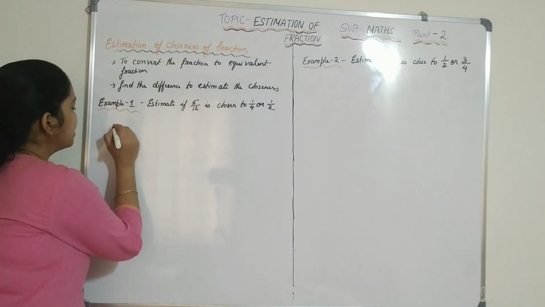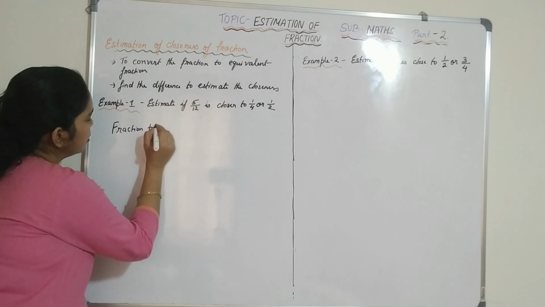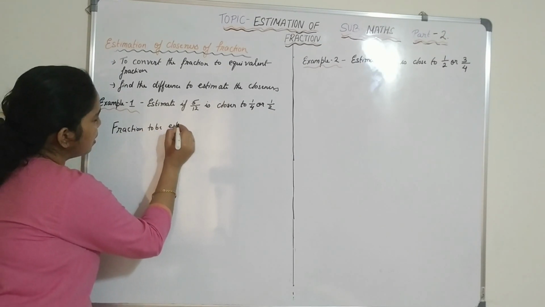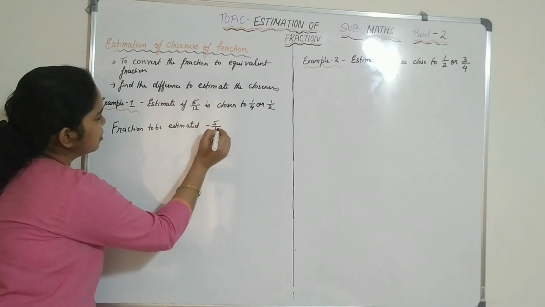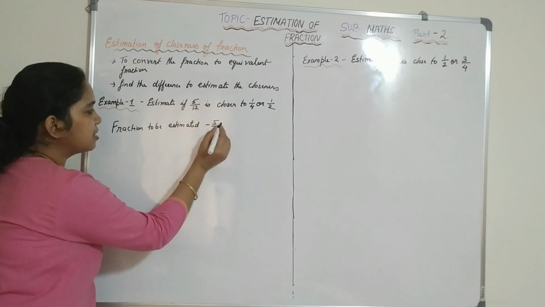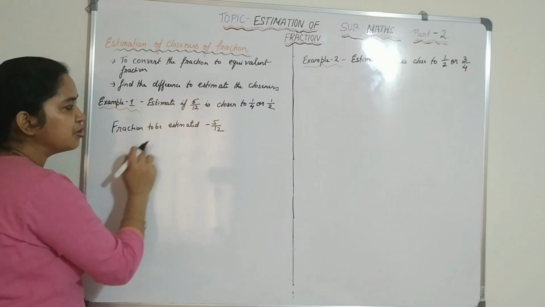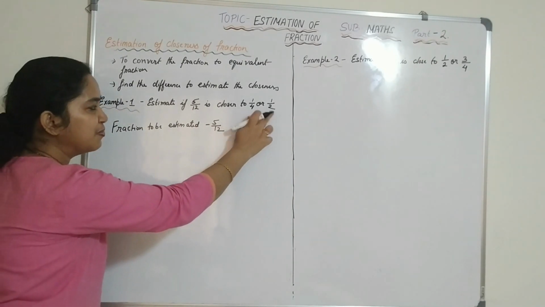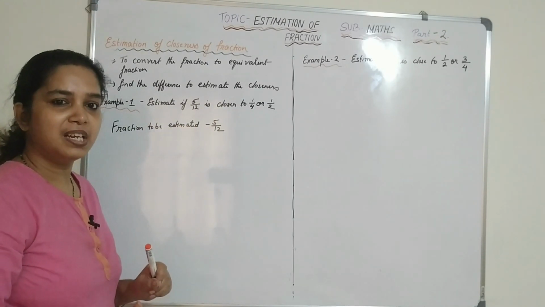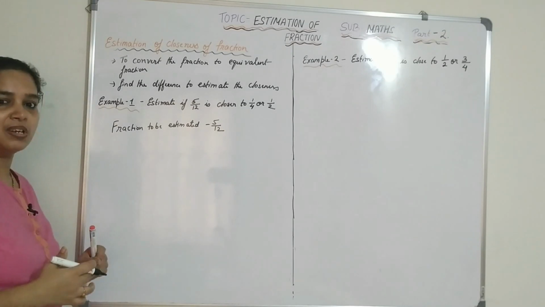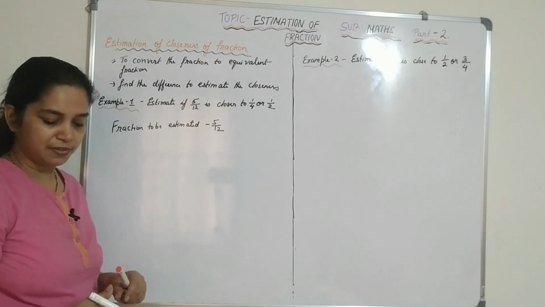The fraction to be estimated is 5 by 12. Since its denominator is 12, we have to make the denominator 12 in the other two fractions, that is, make 1 by 4 and 1 by 2 equivalent fractions with denominator 12.